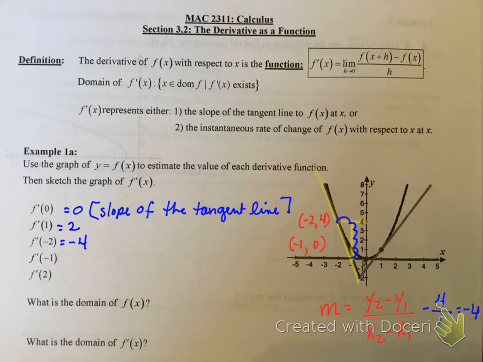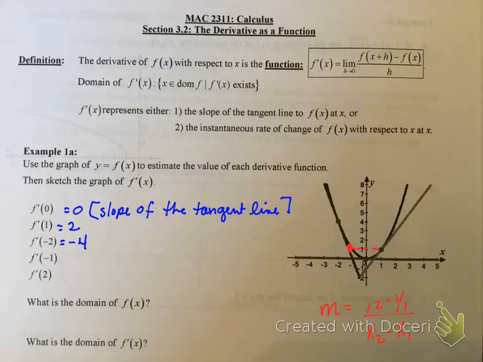Okay, so let's look at f prime, or the derivative, at -1. Let me go ahead and erase this stuff so I don't confuse you. So when x equals -1, it is this point right here. And because we have symmetry, we can conclude that the line is going to be the same as when x equals 1.